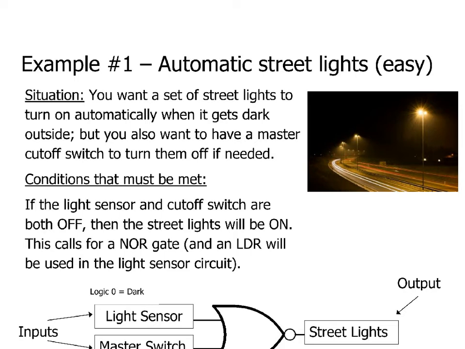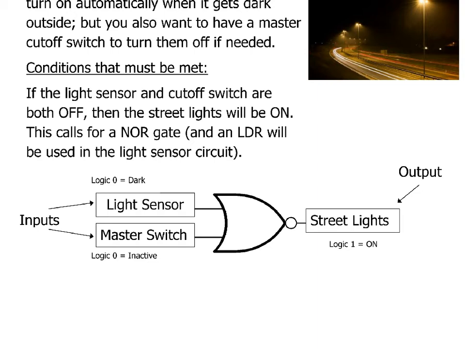So what does that mean? Well, if the light sensor and the cutoff switch are both off, logic 0, so the cutoff switch is not activated, then the streetlights will be on. We're going to use a NOR gate for this, and I'll show you how it works. You may remember that a NOR gate is an inverted OR gate, and that means that the only time that a NOR gate has an output of 1, the only time that its output is on, is when both inputs are off, or 0.